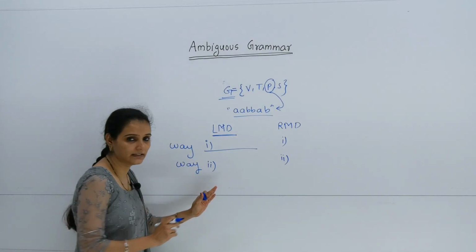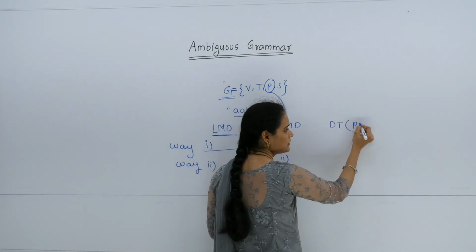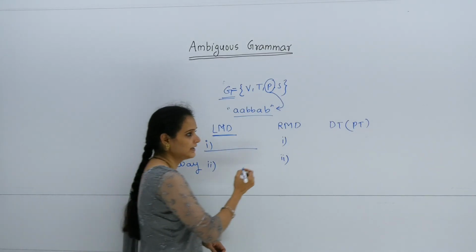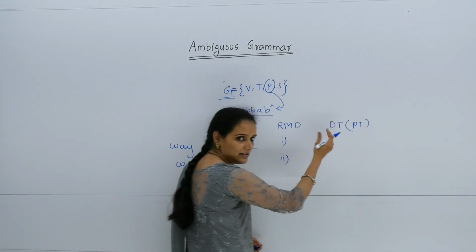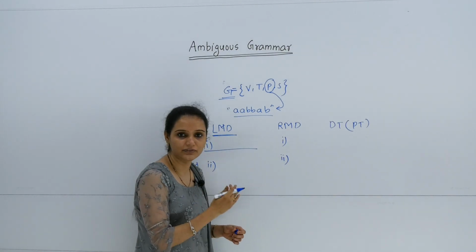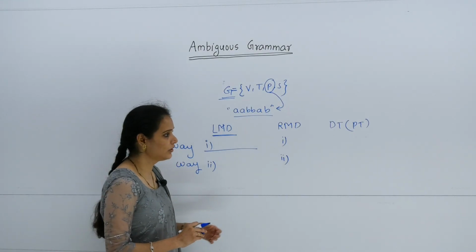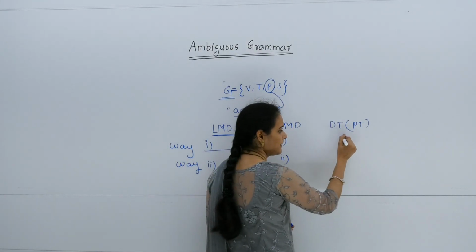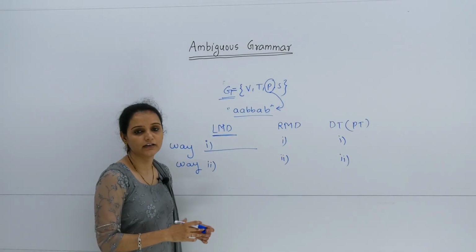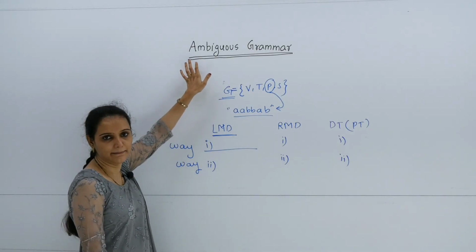The same thing applies to the derivation tree, which is also called a parse tree. Here, in the derivation tree, suppose one or more than one ways are present to derive the string, then that grammar is called an ambiguous grammar.